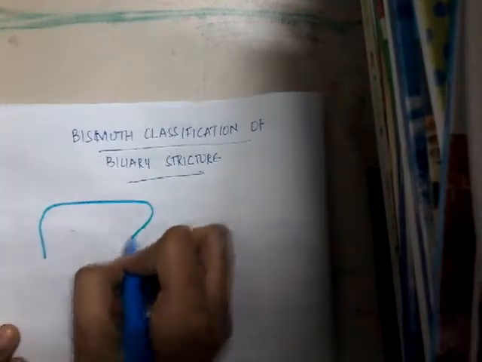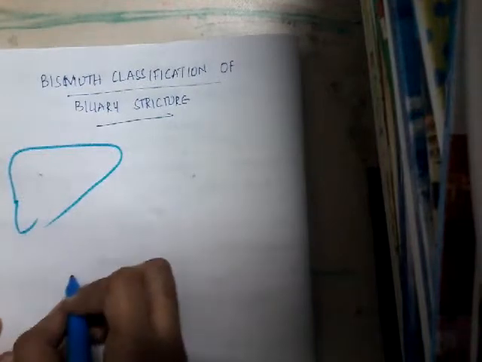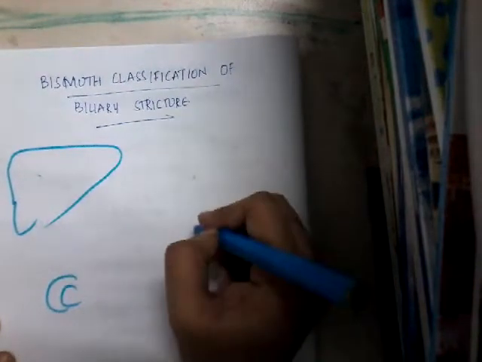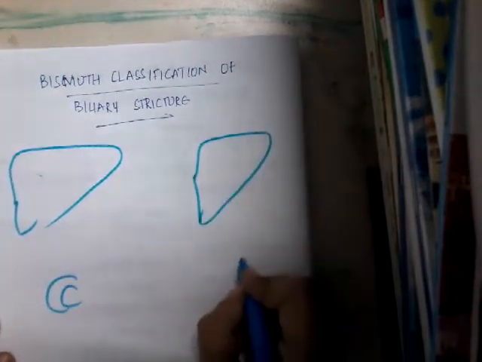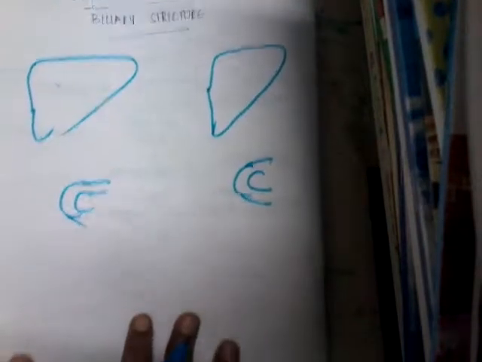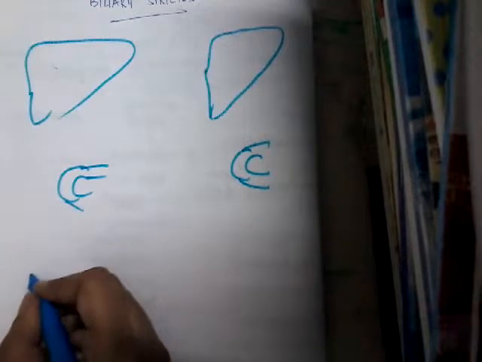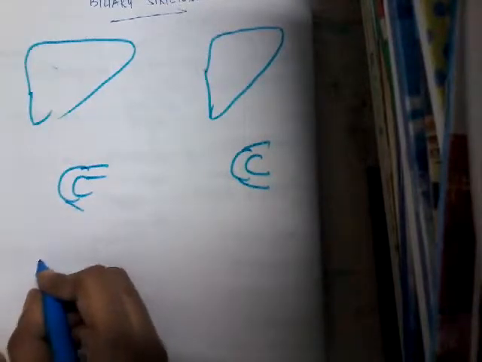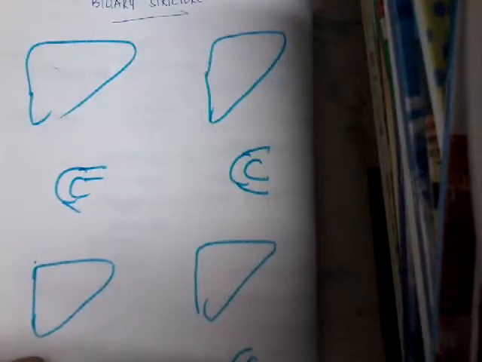So in this, this is the liver, duodenum, and then here this is the liver, and this is the duodenum. So first we will write about these three.